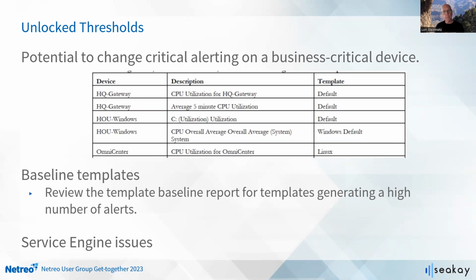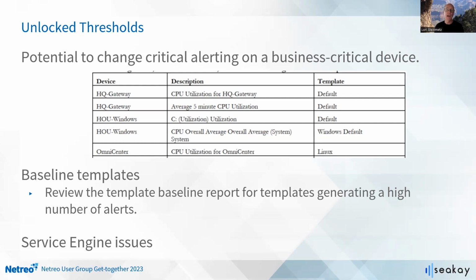Baseline templates. Basically we review the template baseline report for templates that are generating extremely high numbers of alerts. And then we list those in order so that you can review the template. Might be something like bandwidth is hitting 95% consistently on a site that is, I don't know, generating 10 alerts a day.